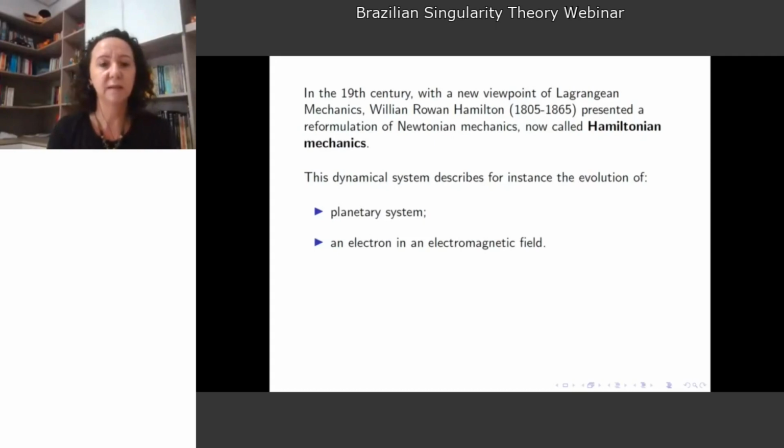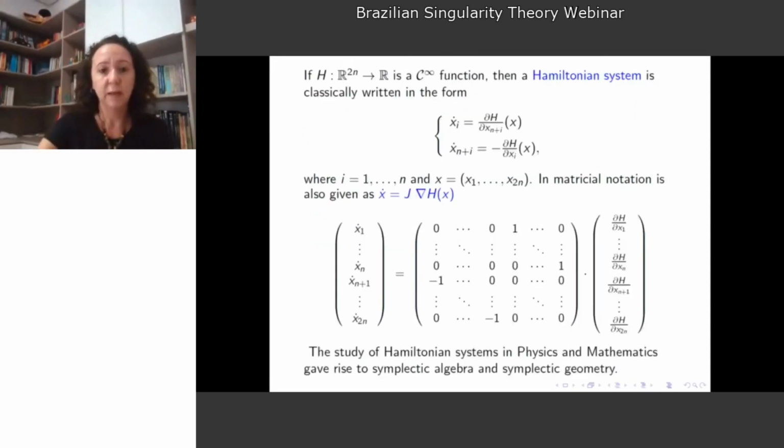These dynamical systems describe a lot of problems, for example the evolution of planetary systems or the evolution of an electron in an electromagnetic field, etc.